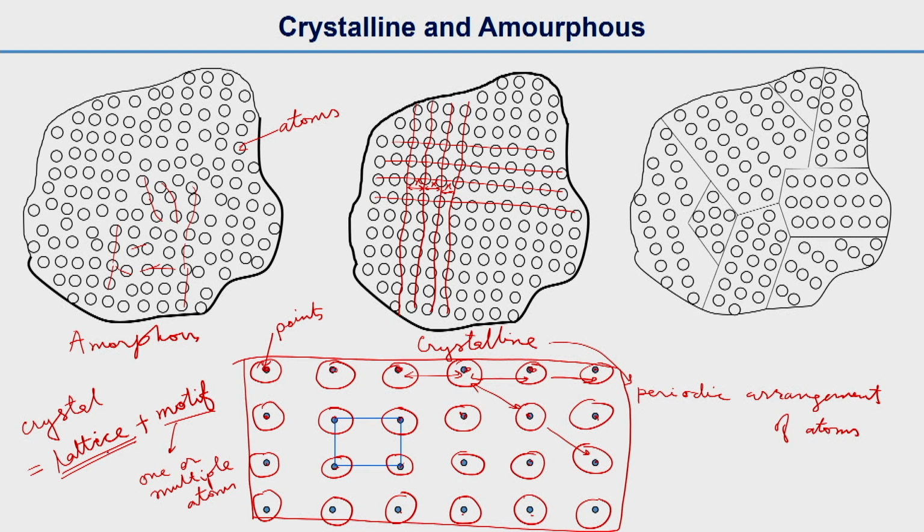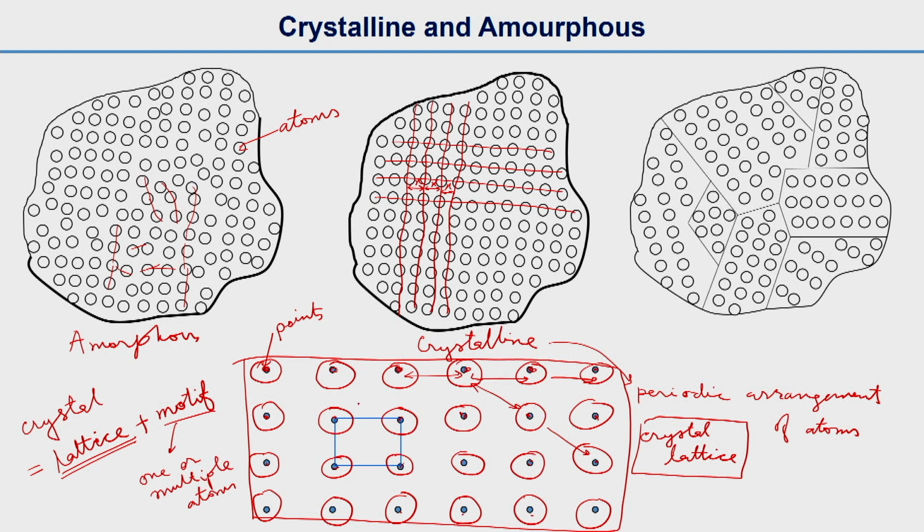When you write the word lattice, you need to be careful, because lattice only means the mathematical points, but when you write crystal lattice, that means this is the lattice of some atoms, and that is correct. So lattice alone does not mean a crystal.